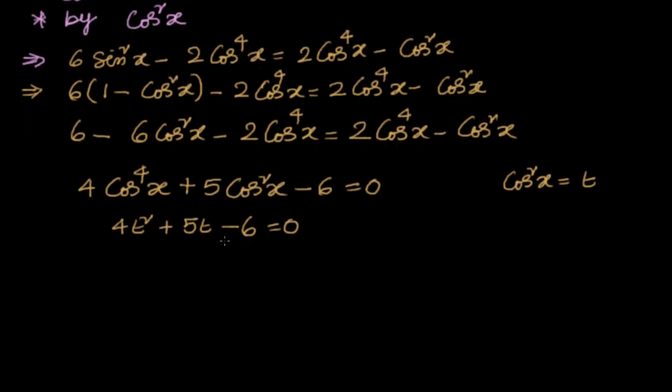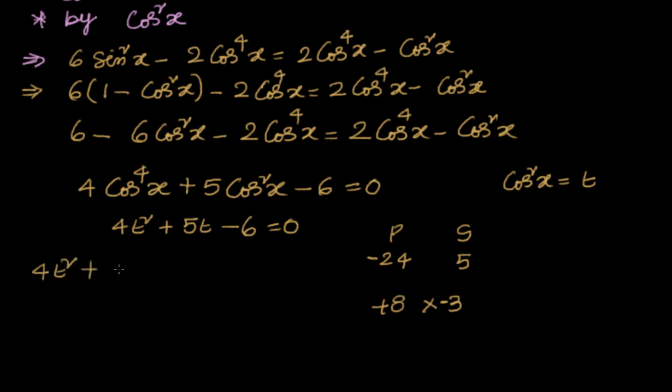Now I have to find the factors of this. I know that the product should be minus 24 and the sum should be equal to plus 5. So I should have the positive one first because I have plus 5 here, and then a negative. 24 factors are 8 into 3, where I can have plus 8 minus 3. So sum equal to plus 5, product equal to minus 24.